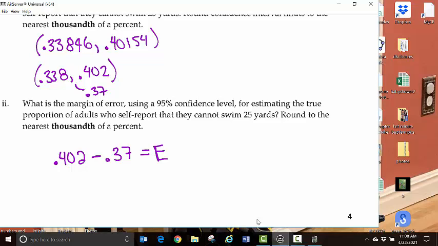What would the formula have been for this margin of error? Upper bound minus lower bound divided by 2 would actually give you the p hat, the middle 37%. How would I find the formula if I didn't already have the interval?